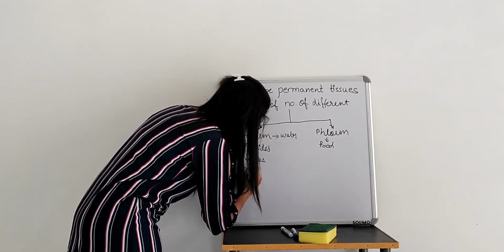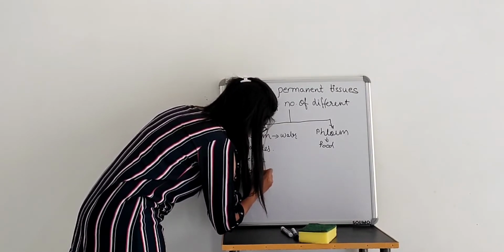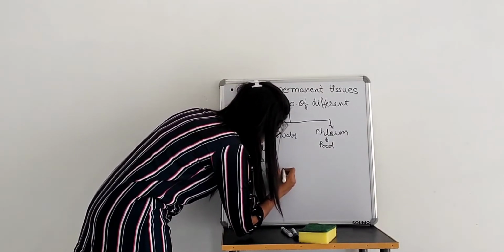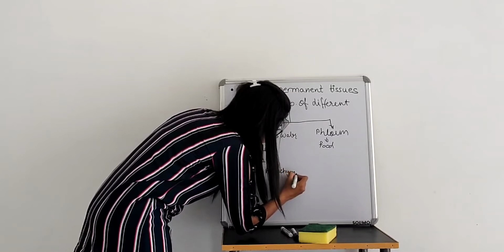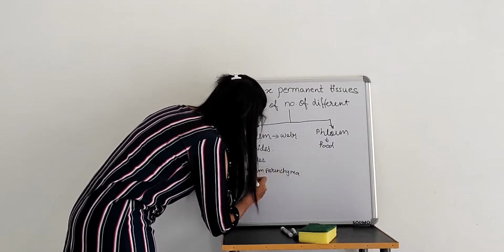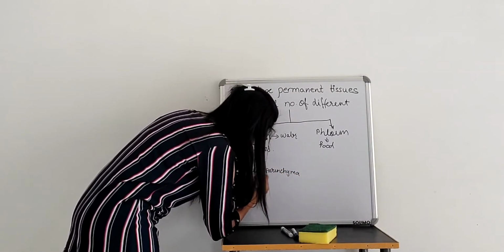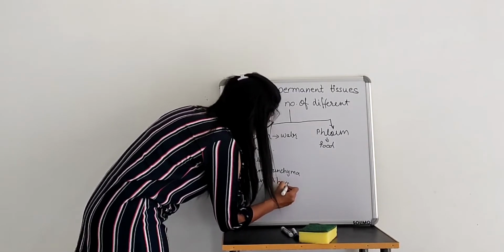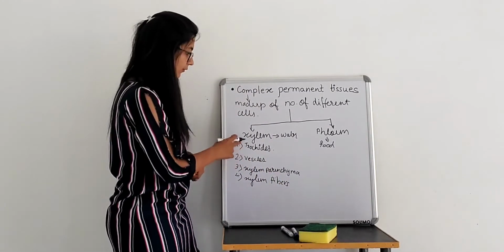Then you have xylem parenchyma. And you have xylem fibers. Like I said, the xylem is made up of 4 different types.